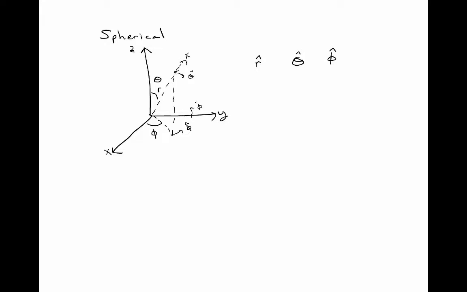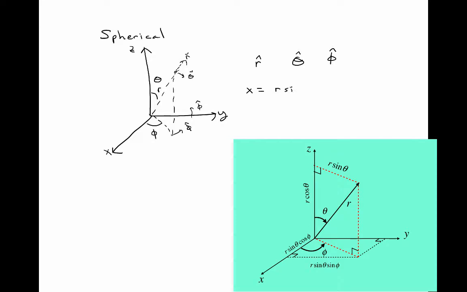I'm trying to draw 3D. Not sure if it's working for you. Let me know if this is hard for you to visualize, and I will try to find a 3D picture online. I bet there are good resources out there for making pictures. So if you know your x and your r and your theta and your phi and you want to convert between them, here's the conversion.